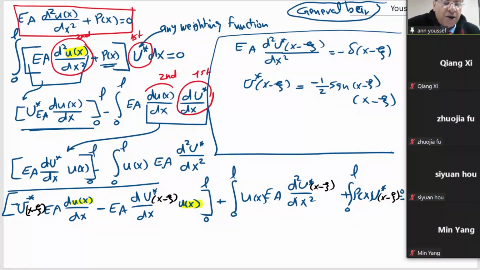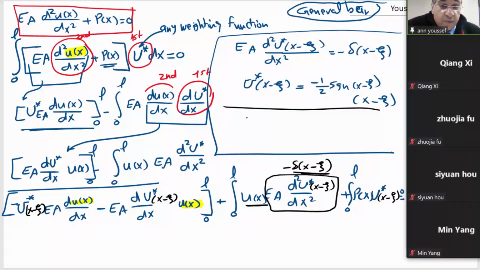The second part, it is very well known that all of this part will be minus delta of x minus xi. Once we have the delta function inside an integral over the domain with a certain function, this is called the filtering property.